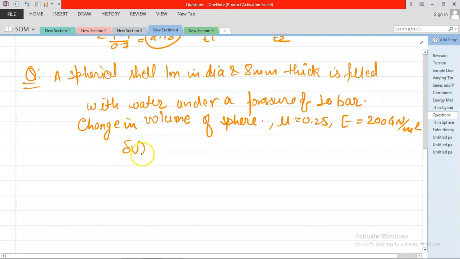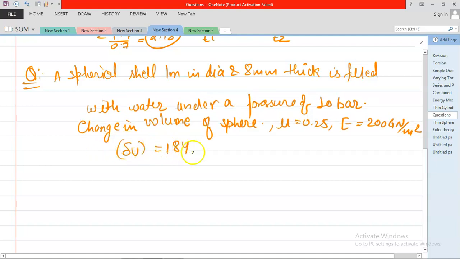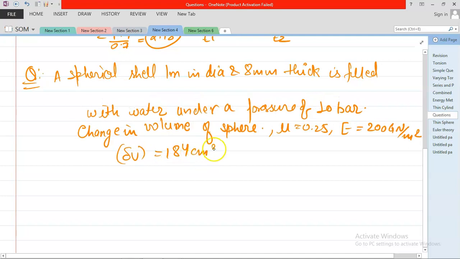So your change in volume is equal to 184 centimeter cube. I am going to give 1 minute, please solve it.